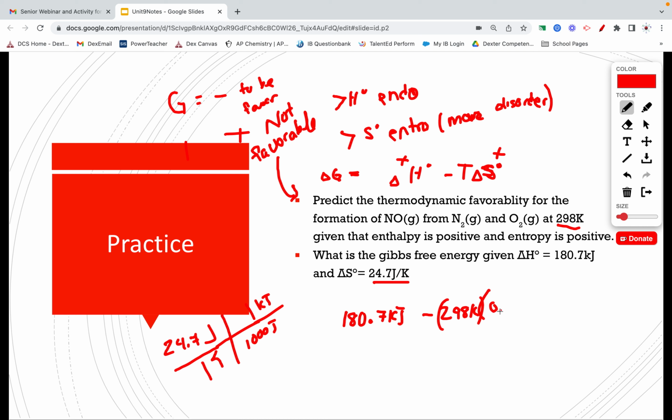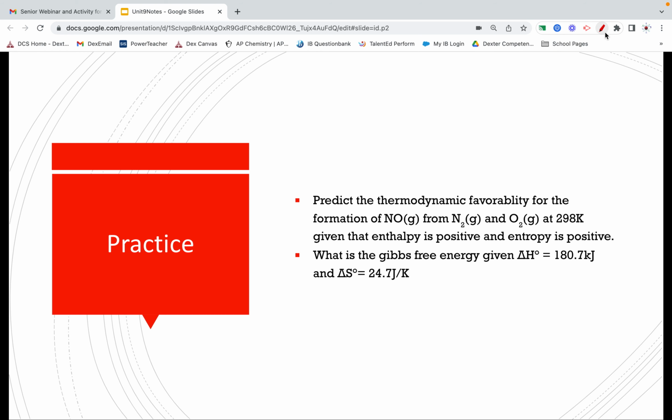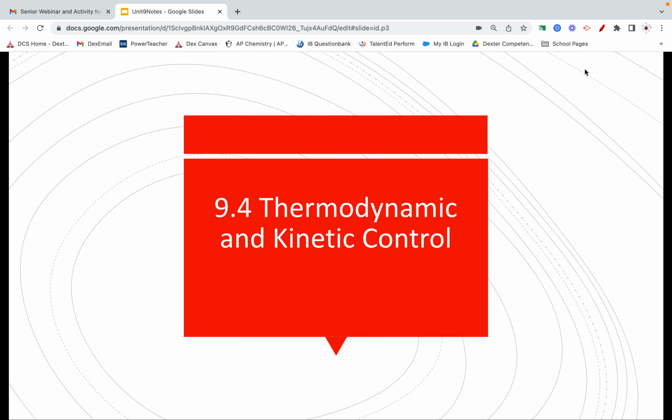It's going to be 0.0247 kilojoules per K, and K is going to cancel out because we multiplied them. We end up with 173.3 kilojoules for our Gibbs free energy. So it's positive. That means it is not favorable, just like we predicted.